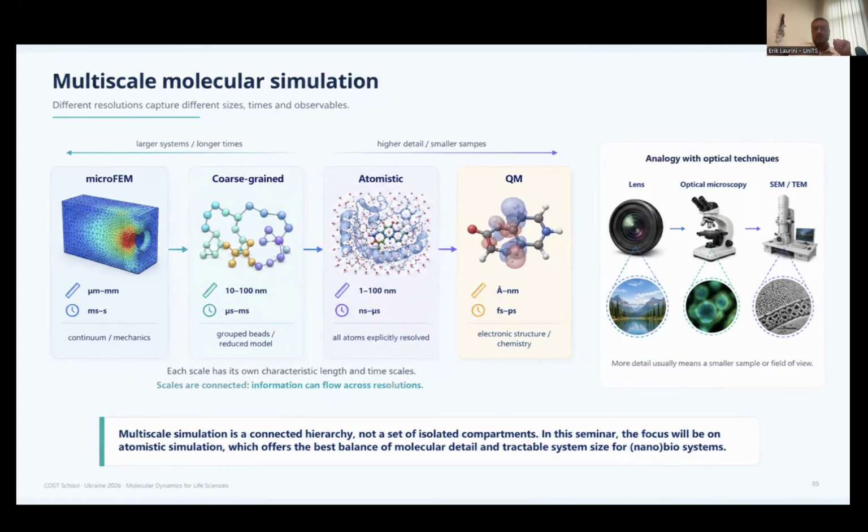You can use this analogy also for molecular simulation, in which you can have higher scales with which you can simulate larger systems for a lot of time, like mesoscale and coarse grain.